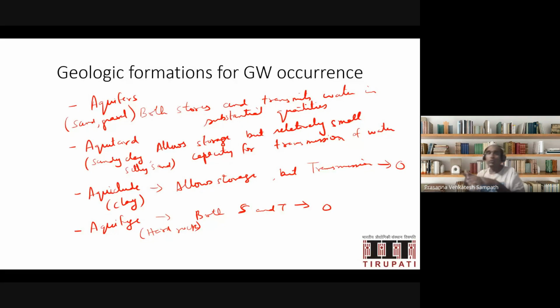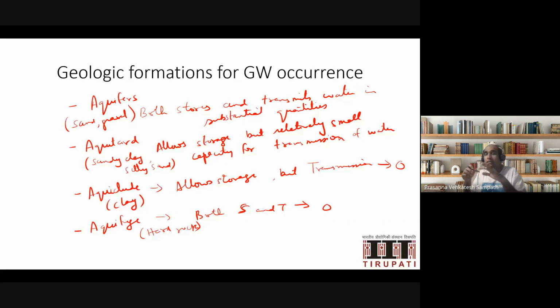But if you go somewhere in UP or Bihar, which has this nice, beautiful sand and gravel aquifer, the Indo-Gangetic alluvial plain, there a little bit of clay will slow down the water, and you don't like to see the clay. So there, the same sandy clay will not be called an aquifer; it will be called an aquitard or maybe even an aquiclude and so on.